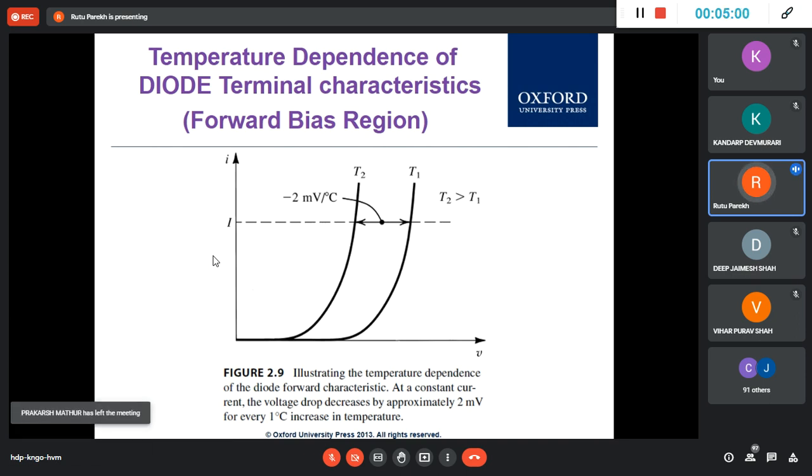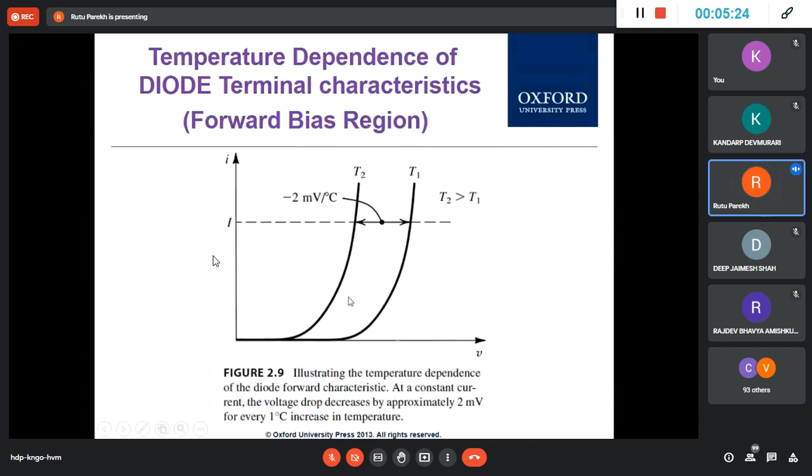If T2 is higher, let's say T2 is 45 degrees centigrade and T1 is 25. Okay, T2 is 45, higher. Then at 45, higher current, because these bonds will break, which will result in more carriers and hence more current. It is that simple.